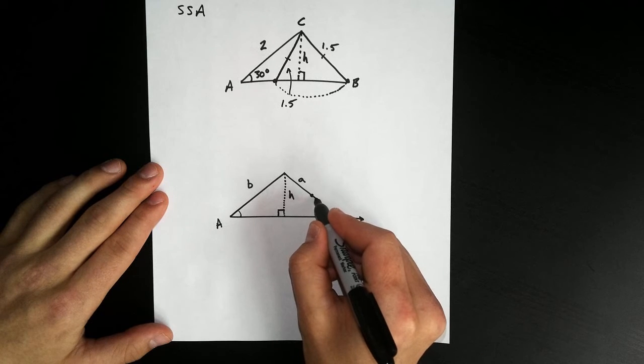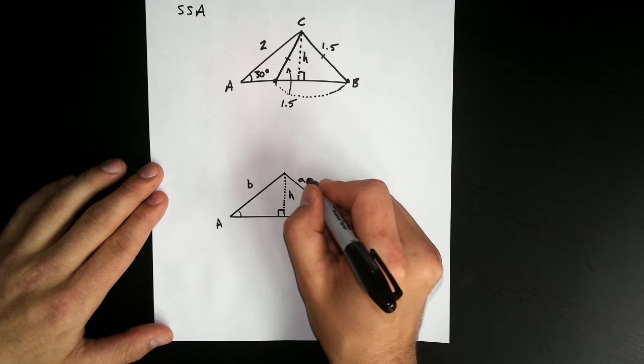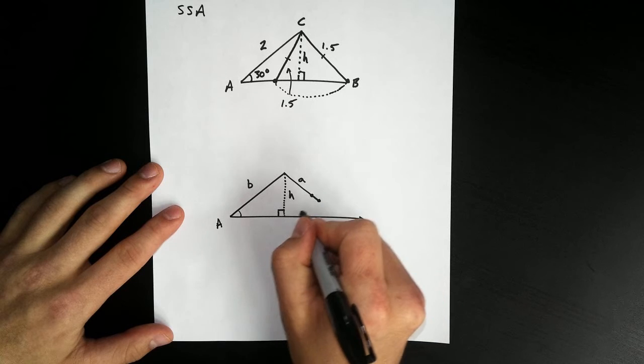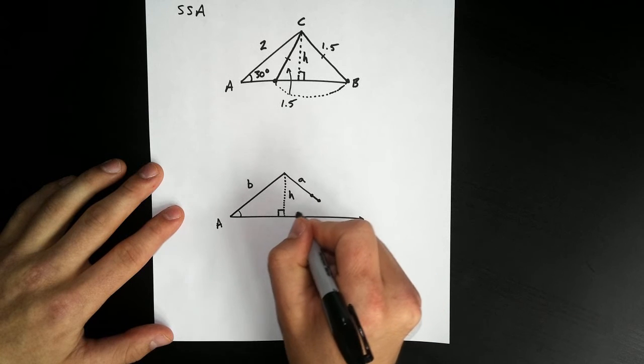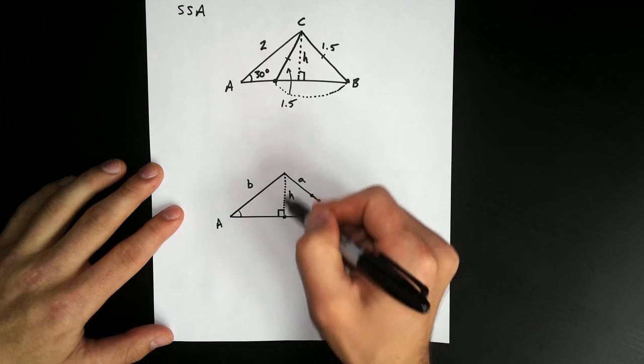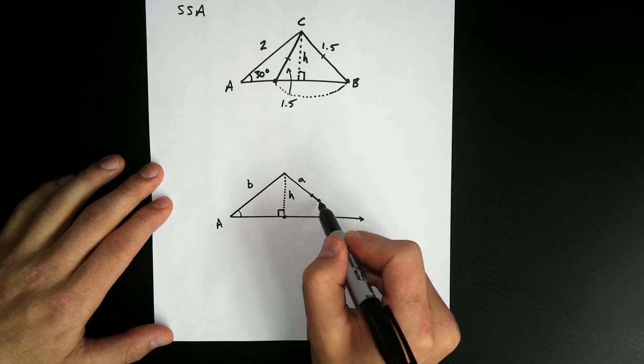Well, let's say we extend A a little bit, and we make it so that it is the exact same length as H. Now when we swing that through, it's going to meet this third side in exactly one spot. It's going to come down here, and we're going to have exactly one triangle. Okay?